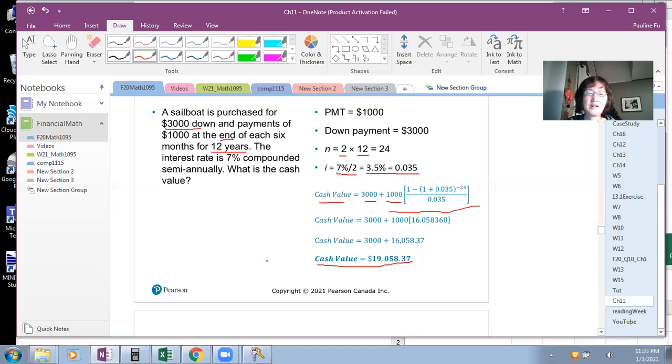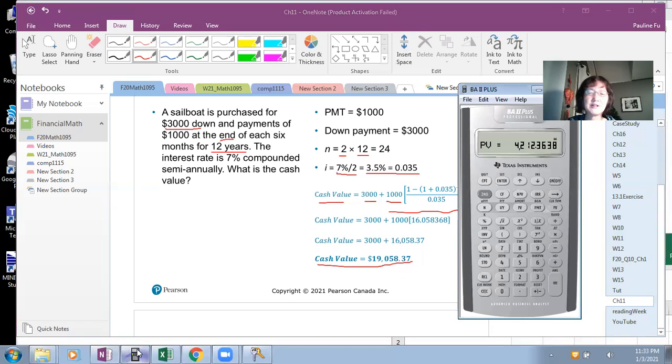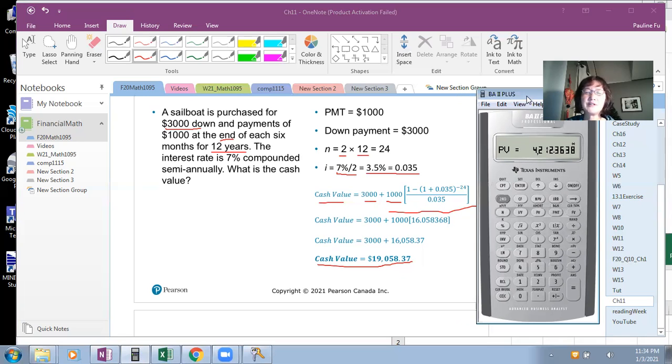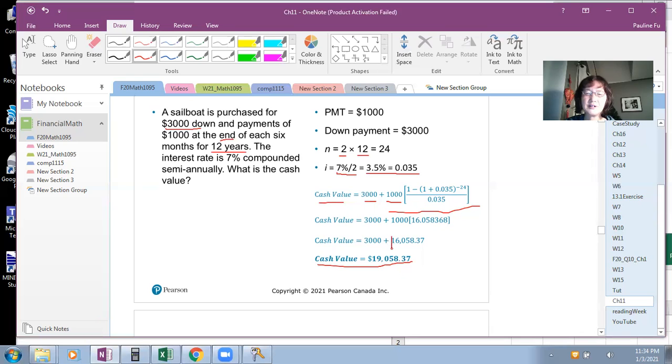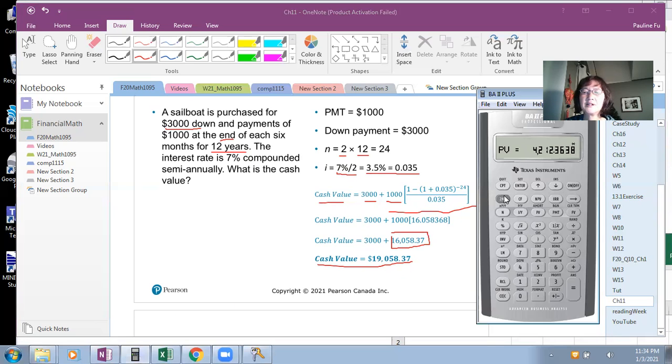And how do we use the calculator? For the calculator, we need to calculate the present value of the annuity, this value, the present value of the payments. Then we add 3,000 for the final answer. So I'm going to press second, quit, to clear any previous entries.